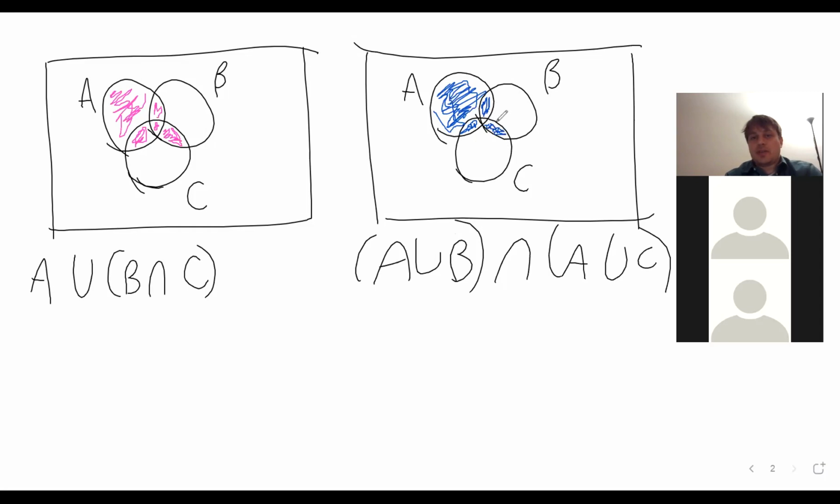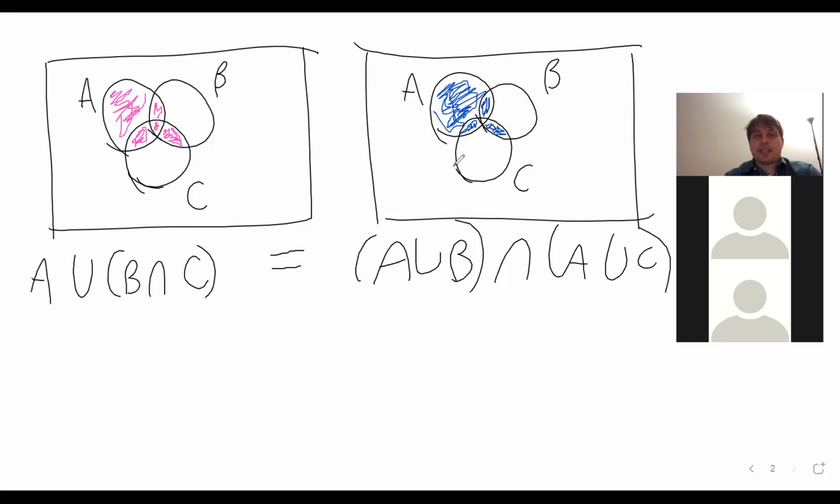Can't include these two, but these two you do. So this is the region A union B intersection A union C, and you see that they match up, right? What we just showed here is that these two sets are equal by using Venn diagrams.